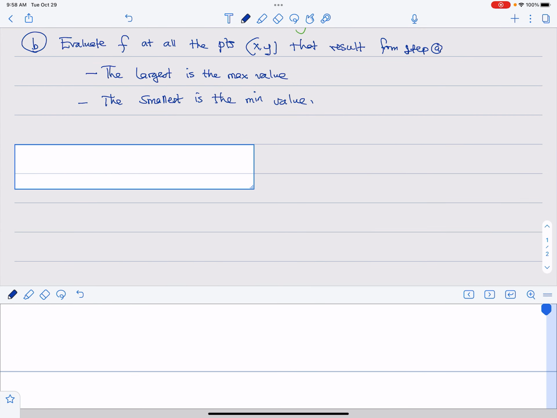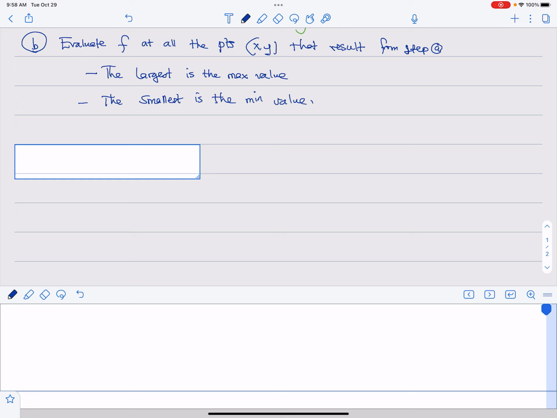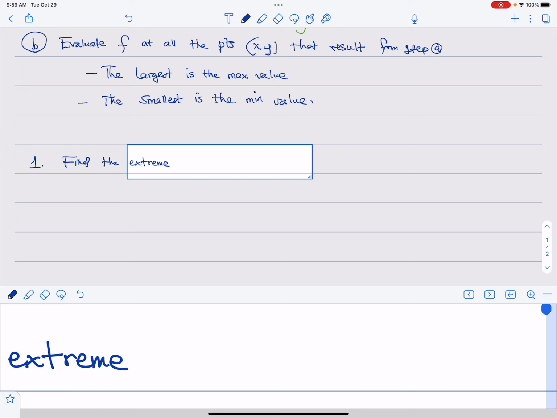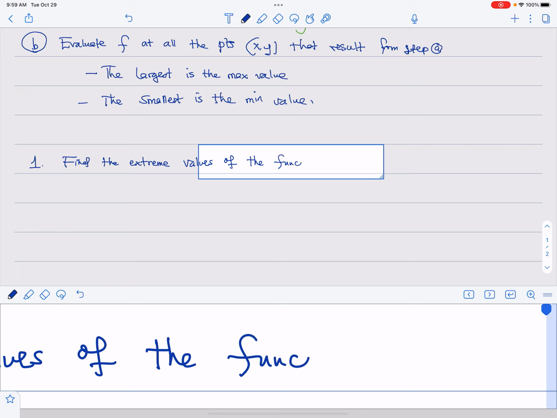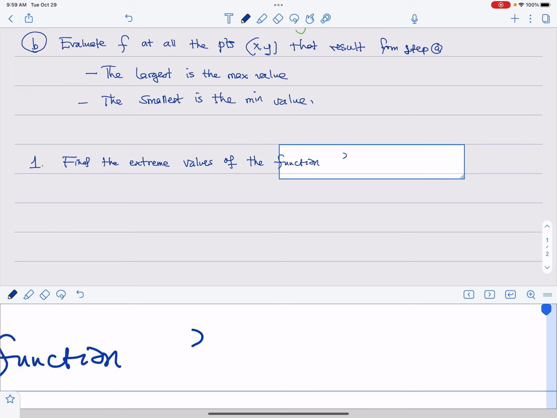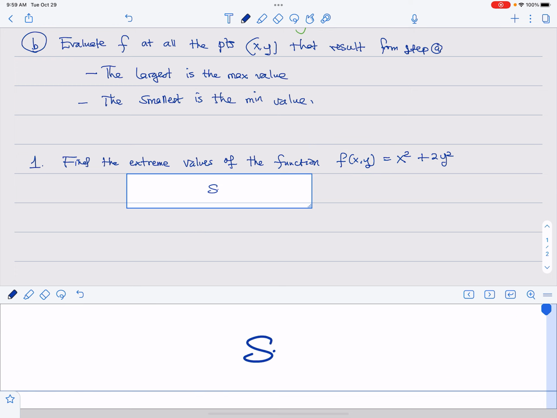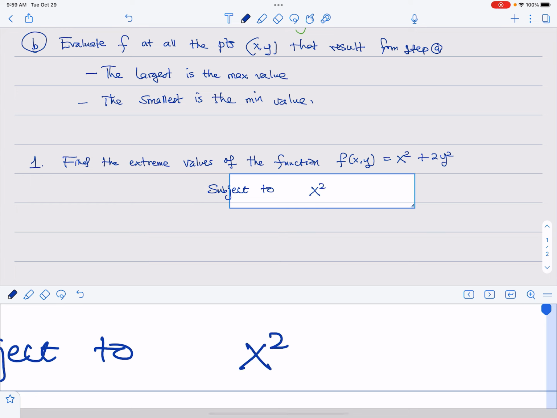So the first example, we want to find the extreme values, that's the maximum and minimum values, of the function f of x, y equals x squared plus 2y squared subject to x squared plus y squared is equal to 1.